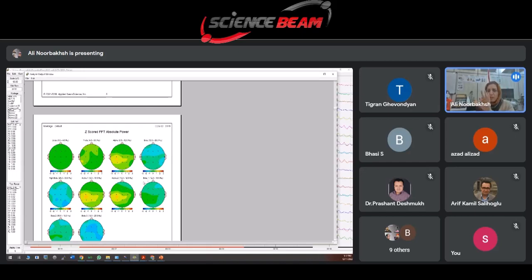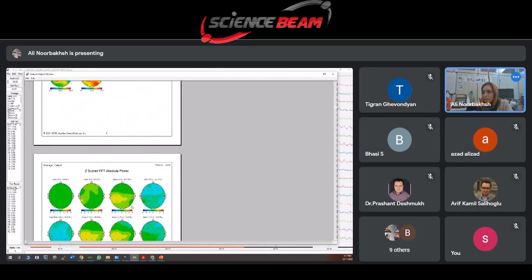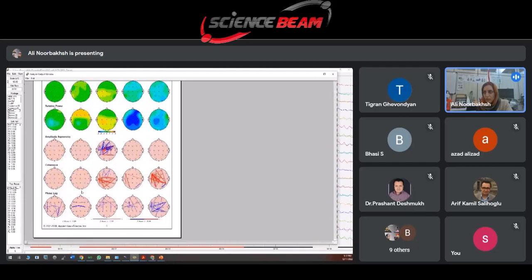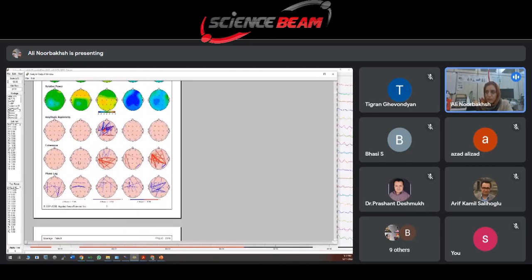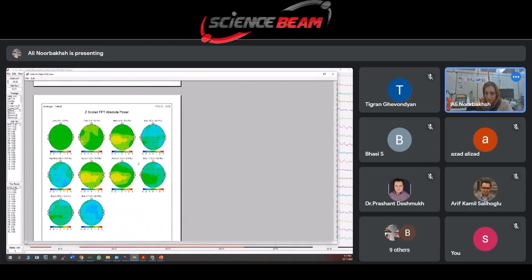We can see 3 betas in this page: beta 1, beta 2, and beta 3. Okay. Page 3 shows it totally, but in this page you can see detail.